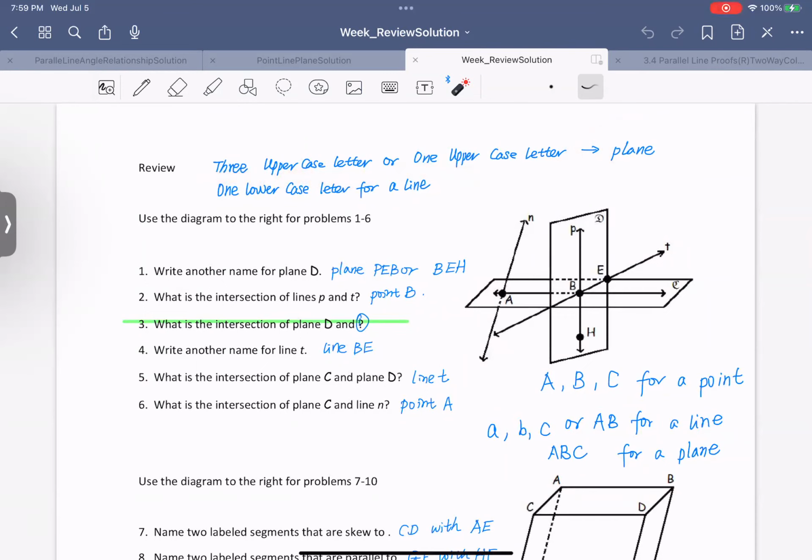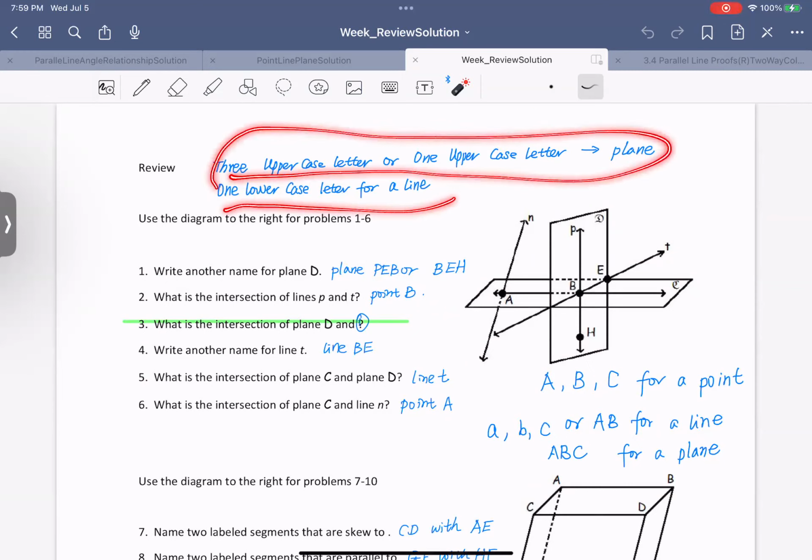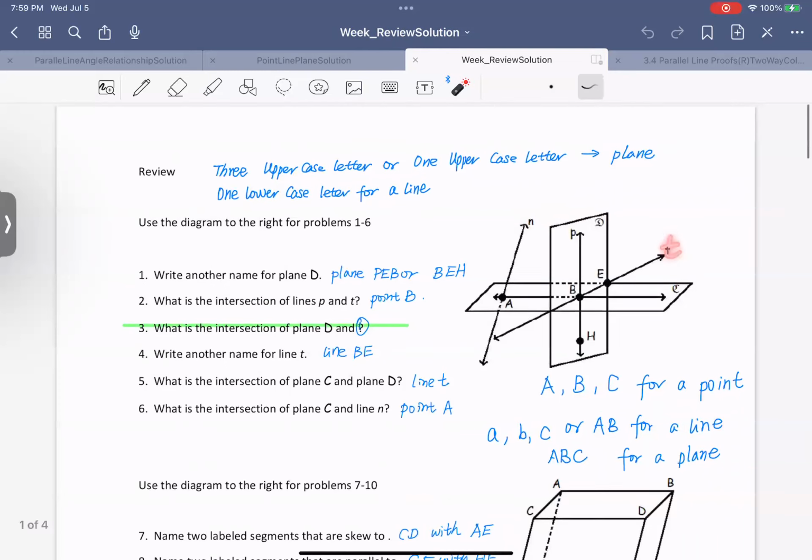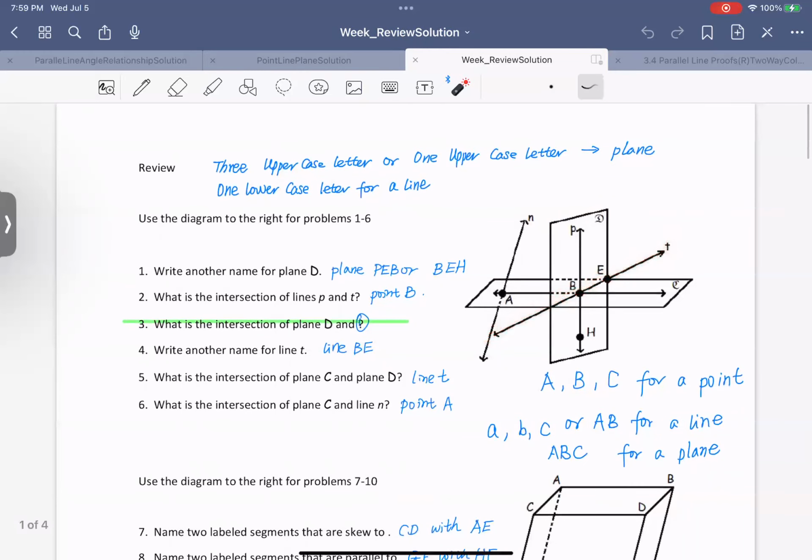You can use a lowercase letter to represent a line. This is the typical way in geometry. So here, you can use a lowercase n to represent this line, lowercase t to represent this line, lowercase l to represent this line, okay?